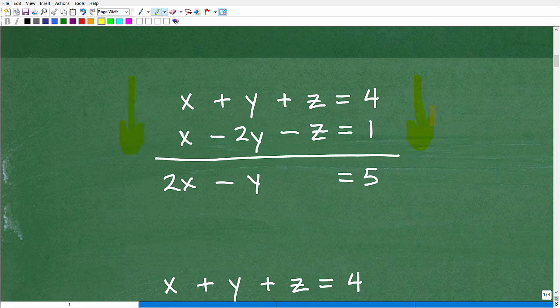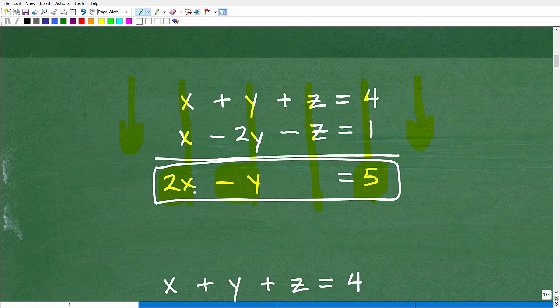This is the combination method, and you're allowed to do this when you're working with systems. When I combine these, squish them together, what do I get? I get 2x, I get negative y here, and my z's go away. That's exactly what I wanted to happen. I get 4 plus 1, that is 5. So here I have one equation that involves only x and y. That's what I want.